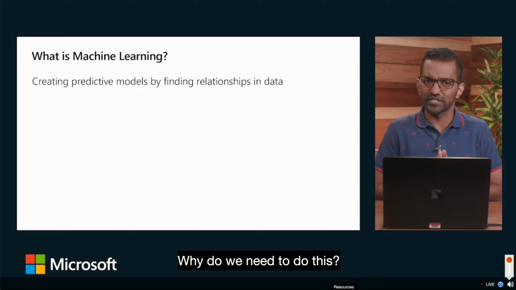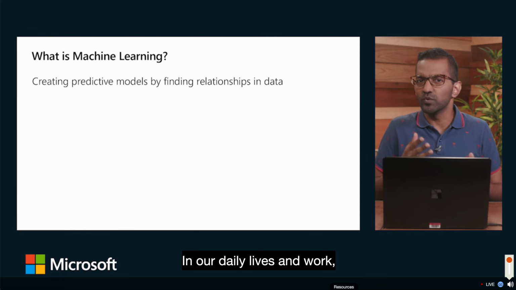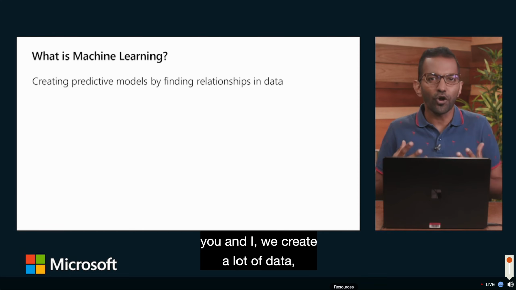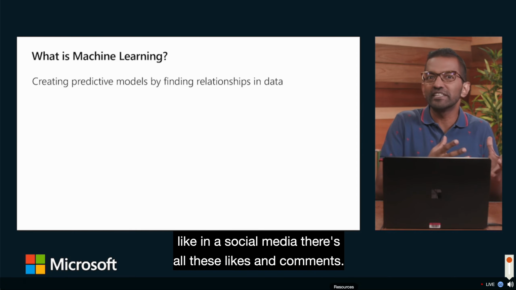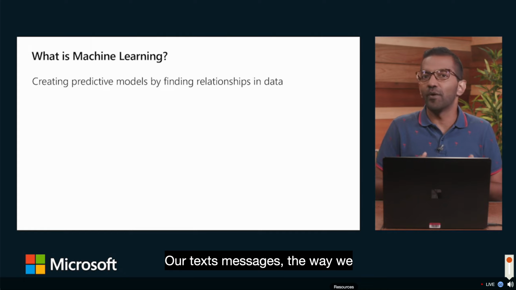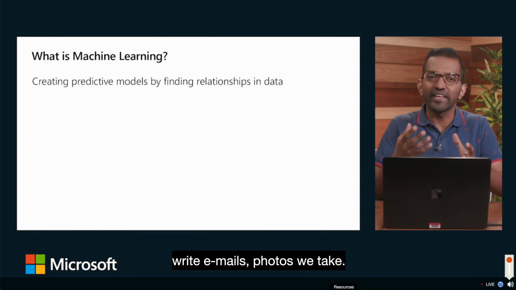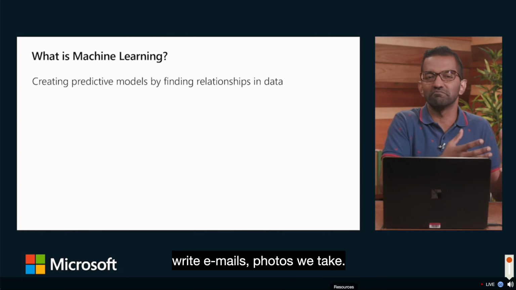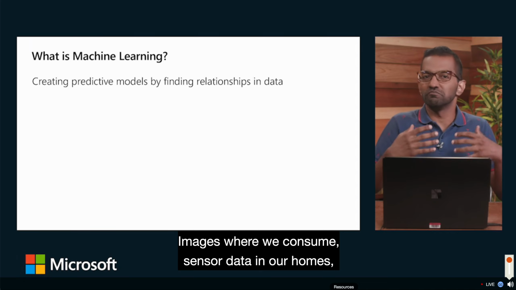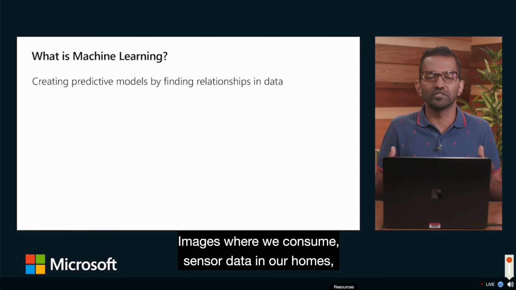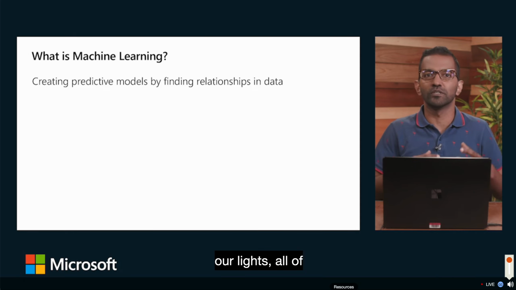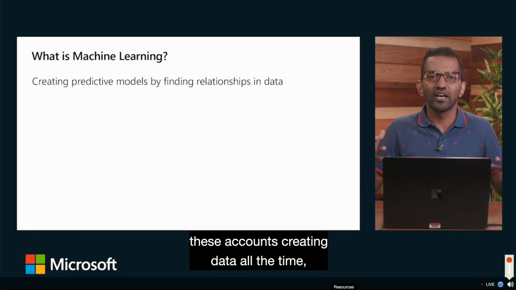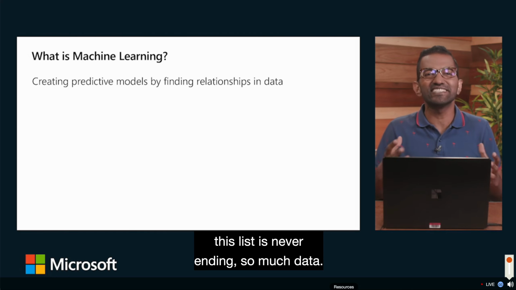So why do we need to do this? In our daily lives and work, you and I, we create a lot of data, massive amounts, in the form of things like social media. There's all these likes and comments, our text messages, the way we write emails, photos we take, images we consume, sensor data in our homes, our thermostats, our air conditioners, our lights, all of these are creating data all the time. For example, even when we drive, this list is never ending.